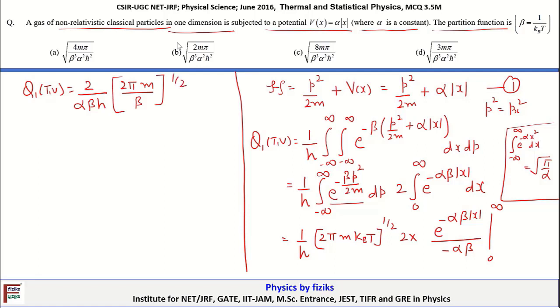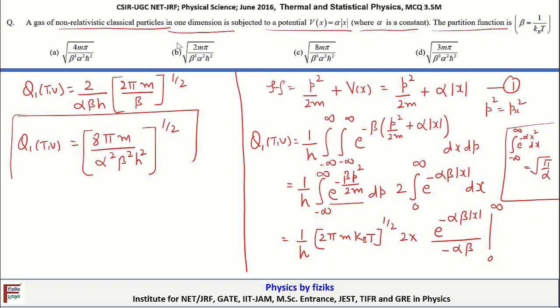And after clubbing all the terms, this is further equal to 8 pi m upon alpha square beta square h square, power 1 by 2. So that is the answer, Q1 TV, the partition function.